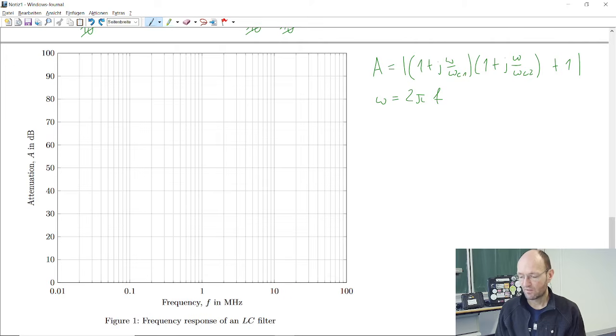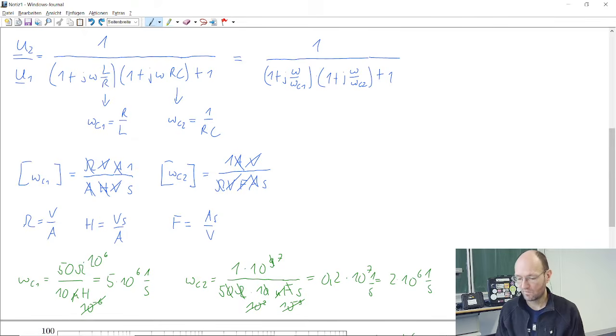So from our two corner frequencies, I mean, these are angular frequencies, from these angular frequencies we could calculate the usual frequencies. So we take the corner frequencies and we divide by 2 pi.